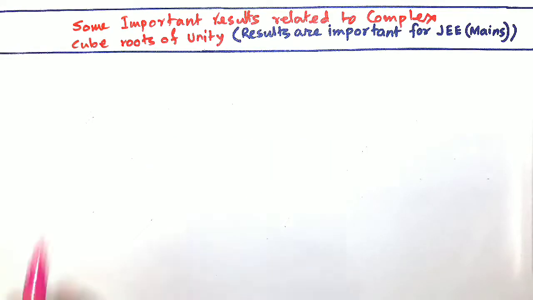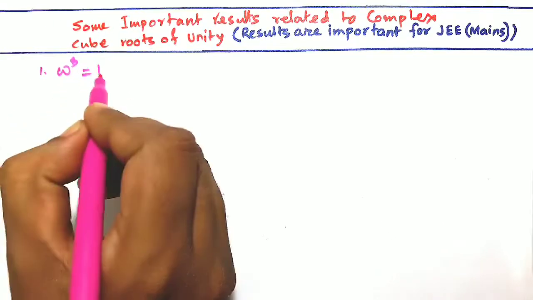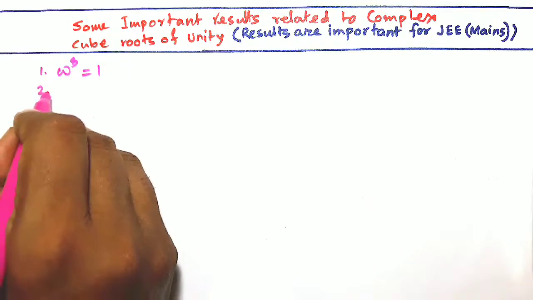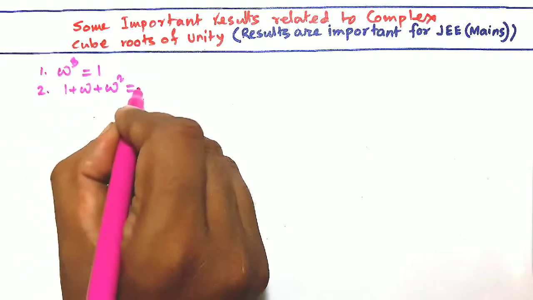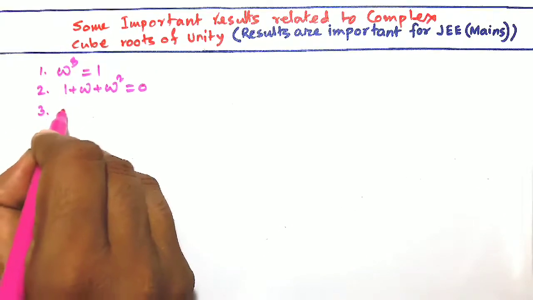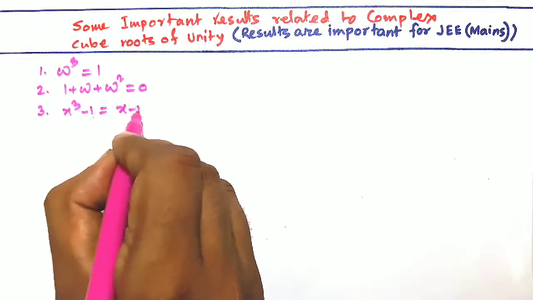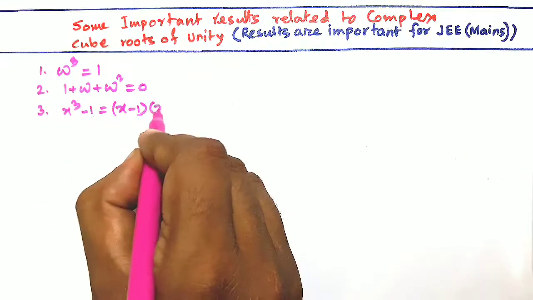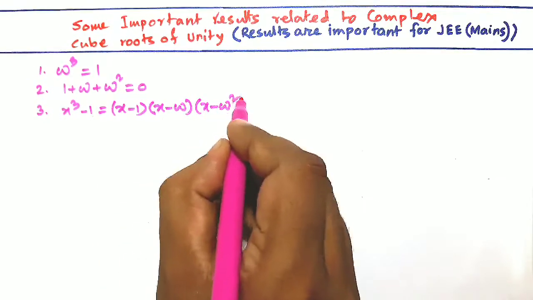Friends, first one is omega cube is equal to 1. Second, 1 plus omega plus omega square is equal to 0. Number 3, x cube minus 1 is equal to (x minus 1) into (x minus omega) into (x minus omega square).